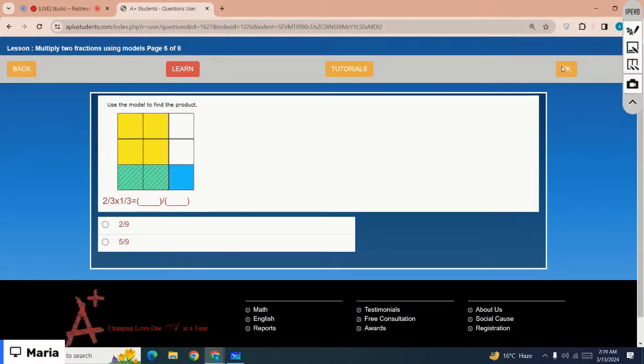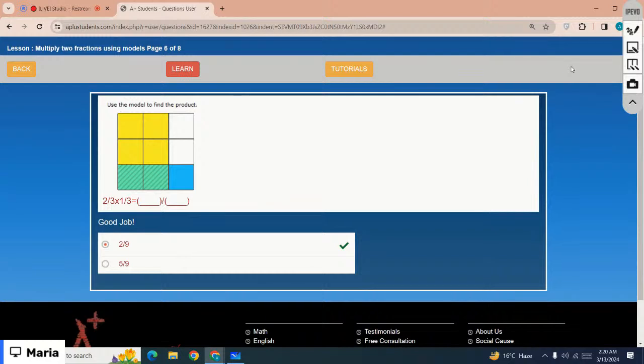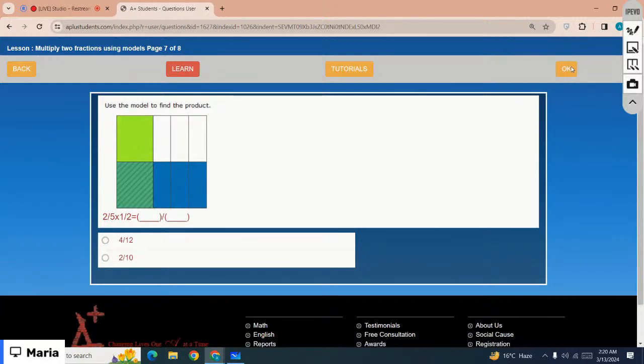Use the model to find the product. 2 by 3 times 1 by 3, which is the correct option? The correct option is, yes, very good. That is 2 out of 9. Option number 1 is the correct option. Use the model to find a product. 2 by 5 times 1 over 2.